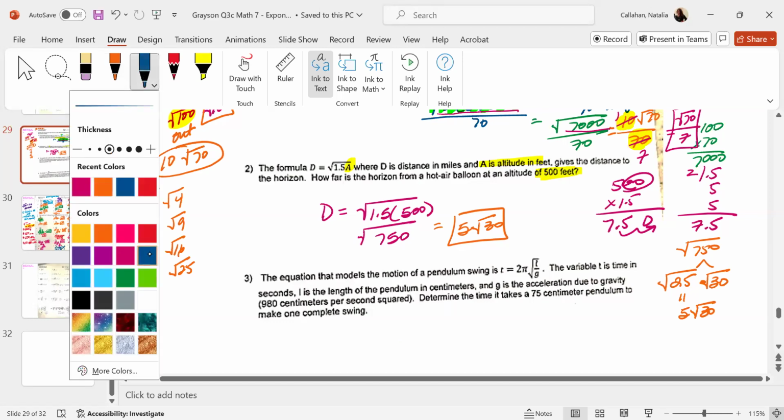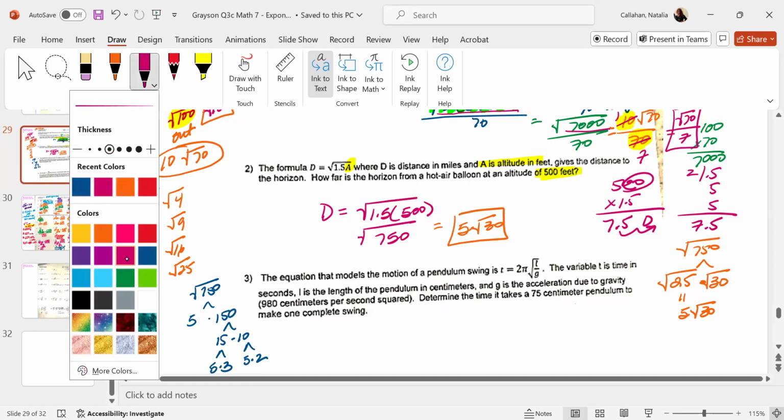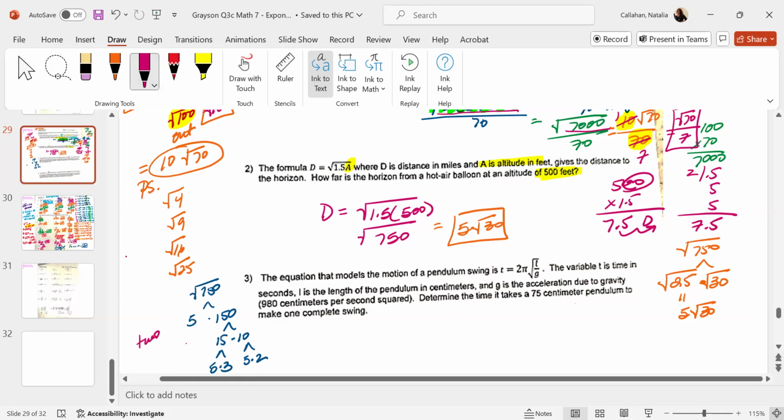But if you didn't do that, okay, so this one is square root of 750, correct? You did 5 and 150, right? Well, 15 times 10 is 150, correct? This is 5 times 3, correct? This is 5 times 2, right? In order for you to take something out, you need 2 of the same number.